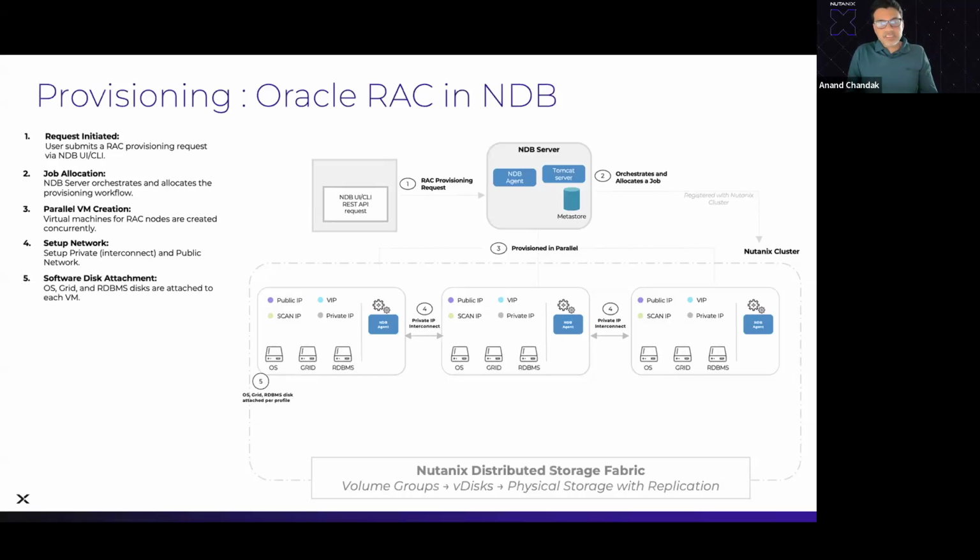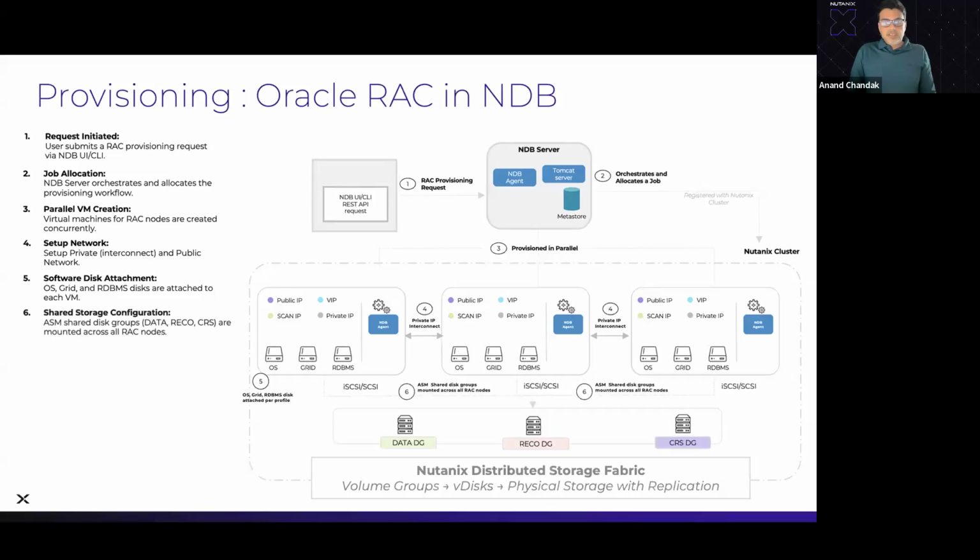The next step is the software disk attachment, right? So we attach OS, Grid, and RDBMS. And this is all coming from the profile that you've specified. All of these are attached to each VM, all in parallel, all concurrently. The next step is where we set up the shared storage configuration.